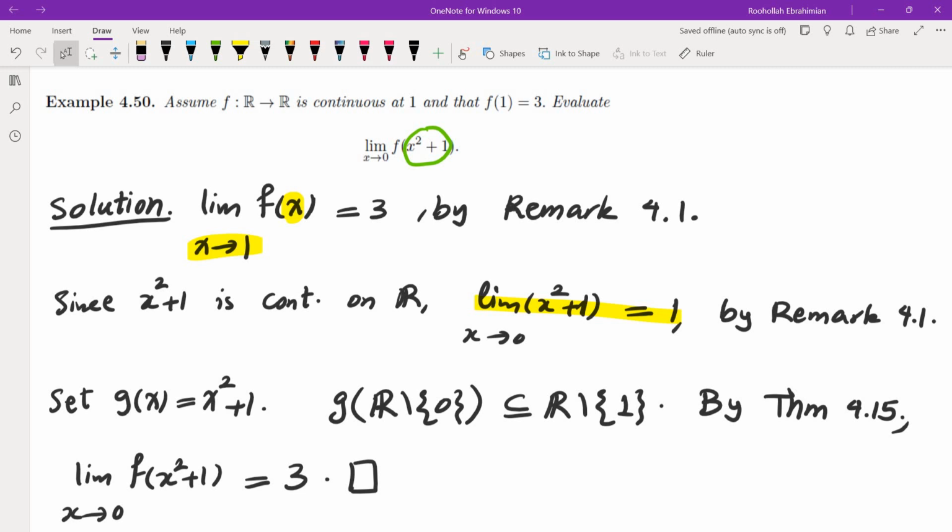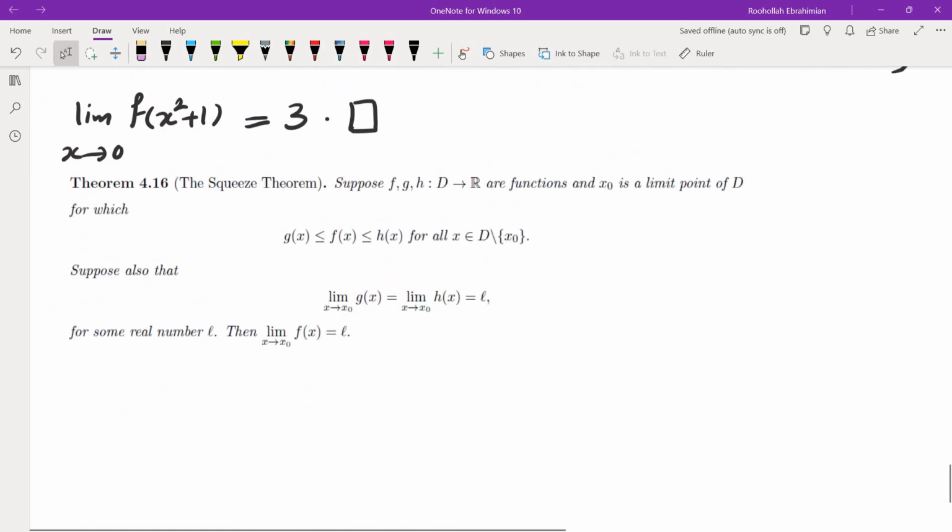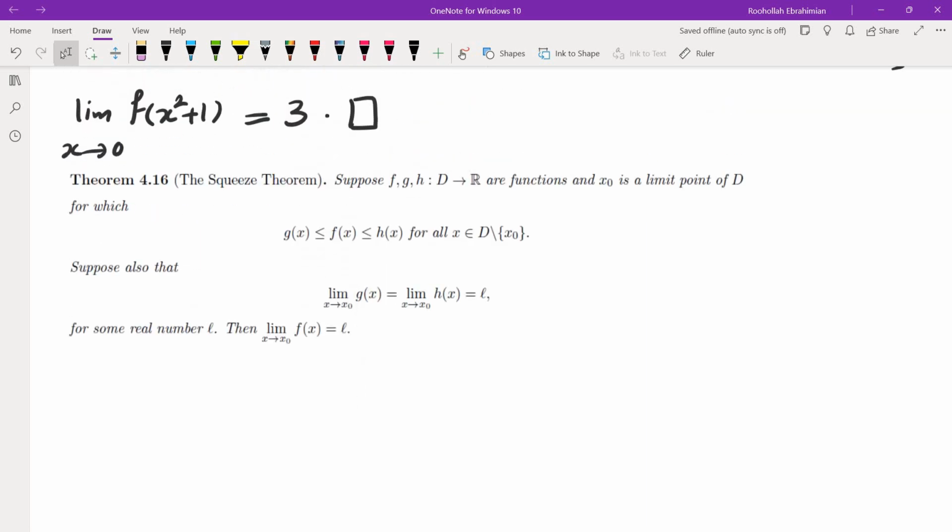Okay, so let's go ahead and do the last theorem, called the Squeeze Theorem, and that would be the end of the video. Suppose we have three functions, f, g, and h, and x0 is a limit point of D, for which g of x and h of x squeeze f of x.